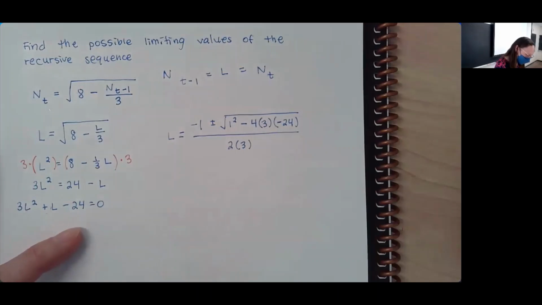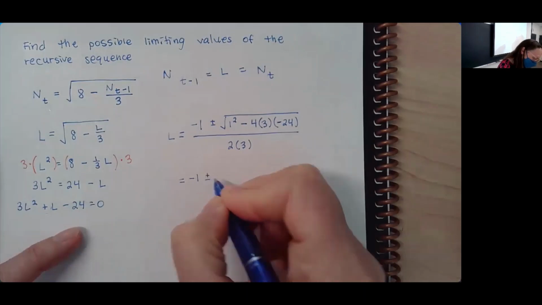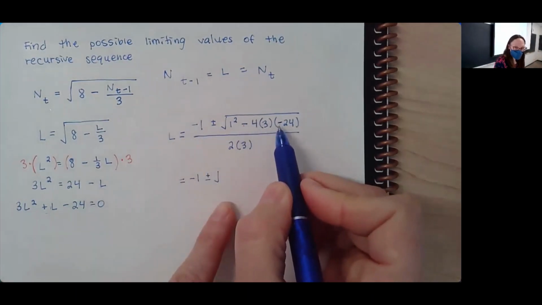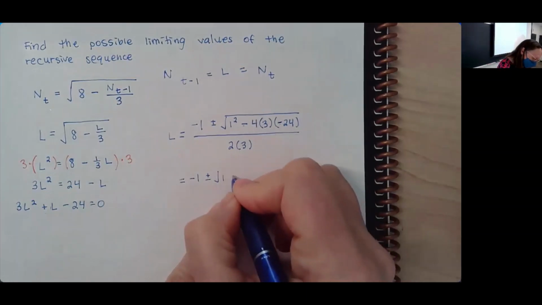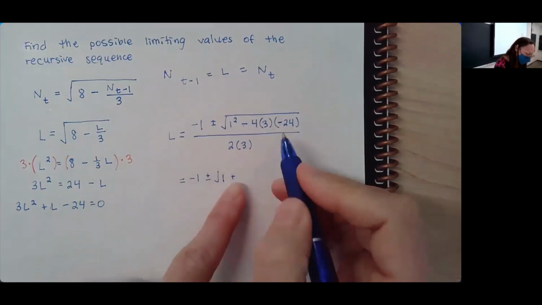Oh, they're going to be pretty though. Oh, it's definitely not going to be pretty. But I've got negative 1 plus or minus, and in here, minus and minus is going to make that plus. So I've got 1 plus, oh, is it? Yep, okay. I was hoping.